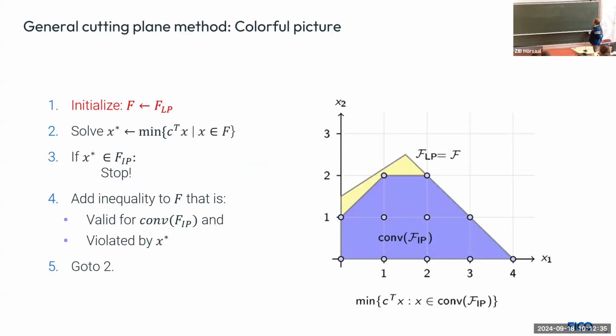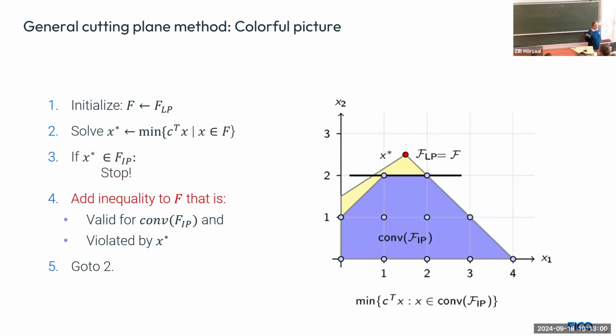And again, we start with a colorful picture and a very pseudo code algorithm on the left-hand side. So what's the idea? We're optimizing over the relaxation, over the set of linearly feasible solutions. We get a relaxation solution. If that was in our integer feasible set, if this was integral, we would be happy. Well, this one is not.